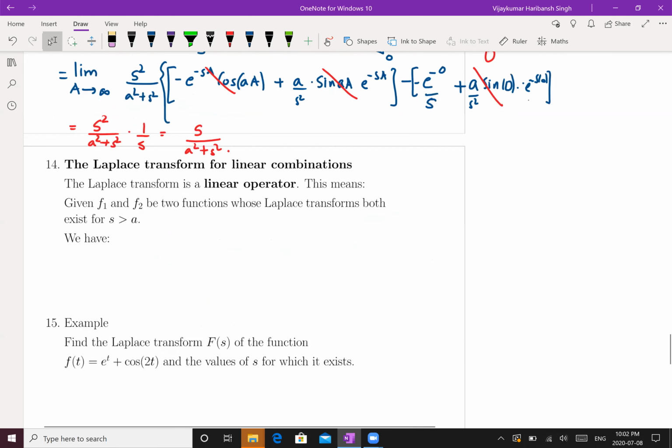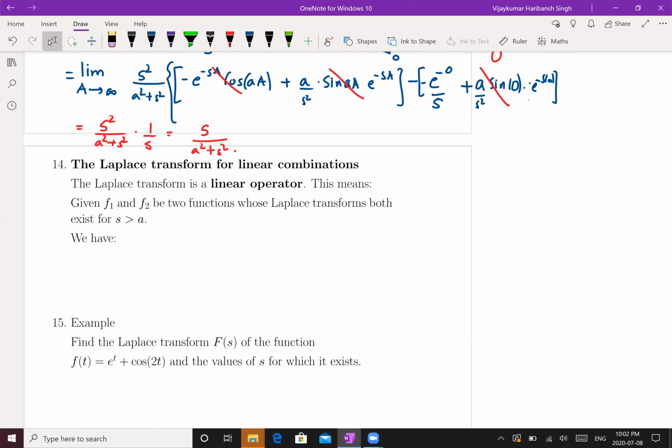So now, Laplace transform is a linear operator. What does it mean? If f1 and f2 are two functions, they both exist for s greater than a, right?